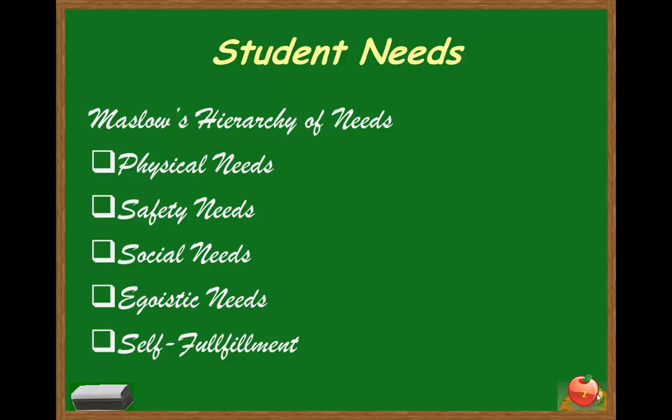And so school provides a wonderful opportunity for young people and children to interact with each other, interact with adults, interact with people their own age. But these social needs are a little higher than safety needs.